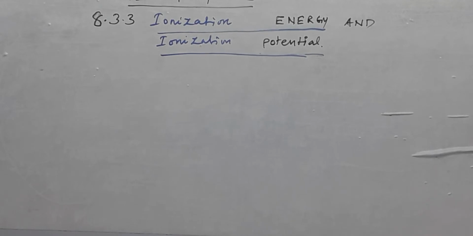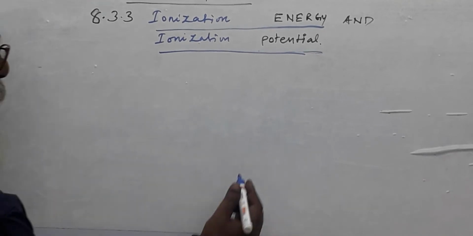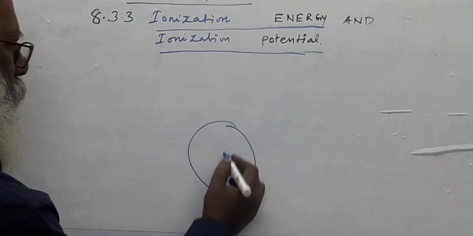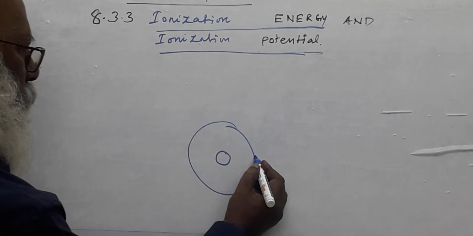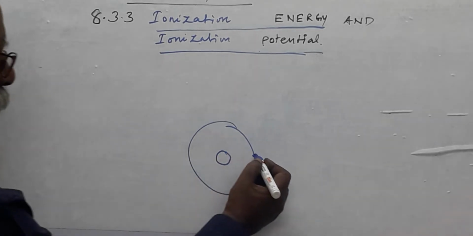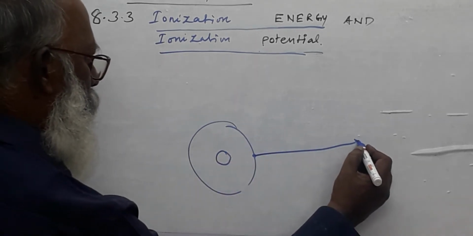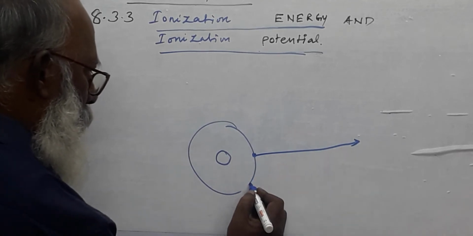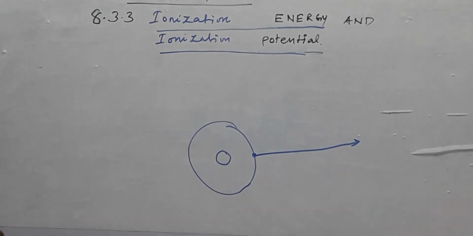An atom is said to be ionized when an electron in an atom is completely removed from the atom.